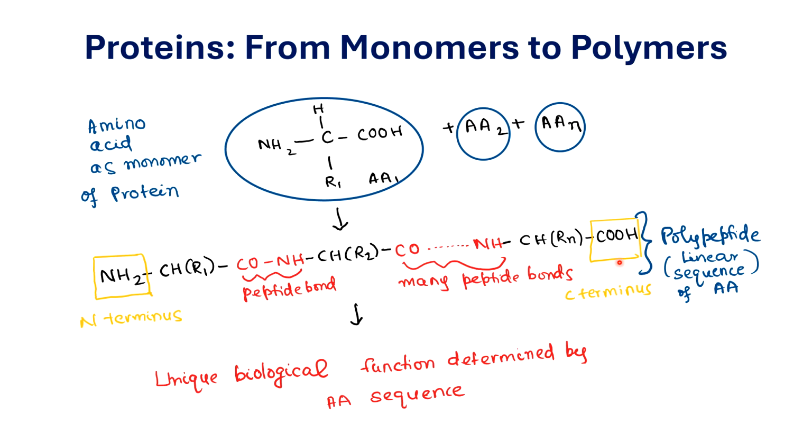Similarly, on the right hand side you have the COOH group, or the carboxyl group, present, and it is called the C terminus. The amino acid present at the extreme right is called the C terminus amino acid.